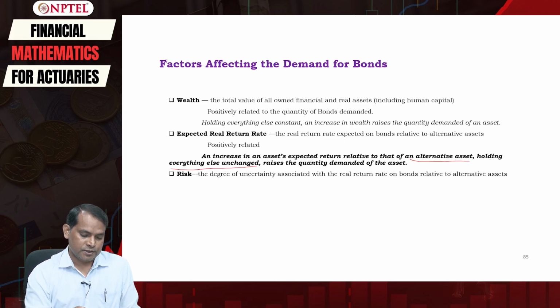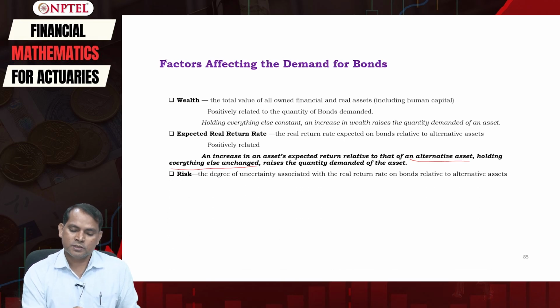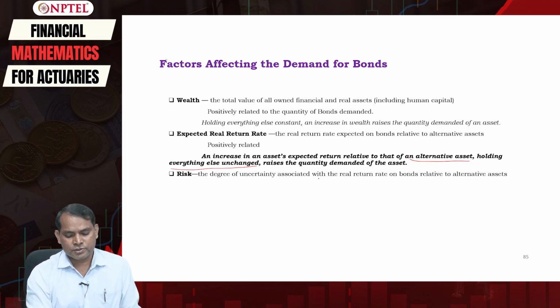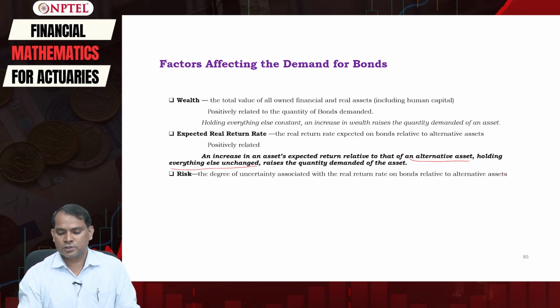And risk, what about the risk? The higher the risk of the asset, the lower will be the demand for the bond, right? So what is the risk? What do you mean by the risk? Risk is the degree of uncertainty associated with the real return rate on bond relative to alternative assets.